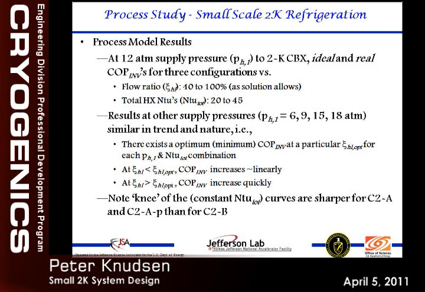The behavior that you'll see is roughly the same whether it was 6 atmospheres or 16 atmospheres. It gives you the same basic idea. There'll be a 12 atmosphere supply pressure, and we vary the flow ratio between 40 and 100% as the solution allowed. And as mentioned, the total heat exchanger NTUs were between 20 and 45.